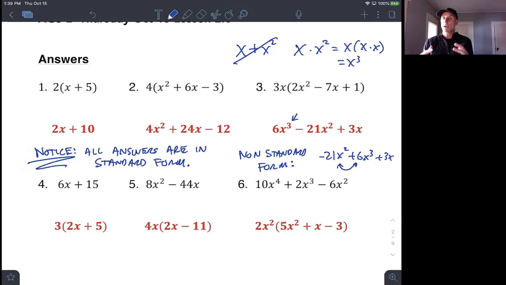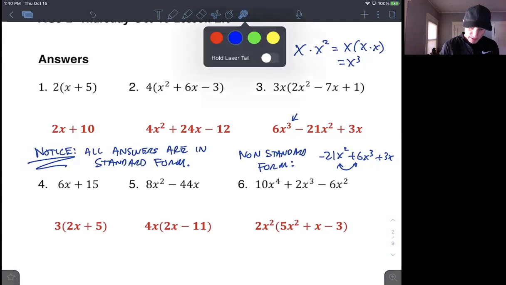Those are not in descending powers of x. We start with an x squared here, and then it goes up to x cubed, and then down to regular x. So this is not standard form. It's not wrong. It's just not the way we're used to writing this in mathematical notation. So when you do the Go formative today, it's going to ask you to write all your answers in standard form, where you start with the highest power of x. Okay, any questions on that?